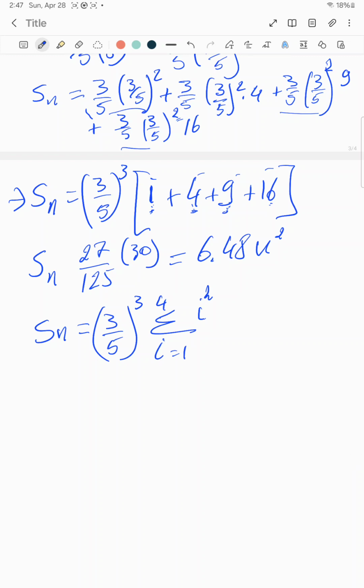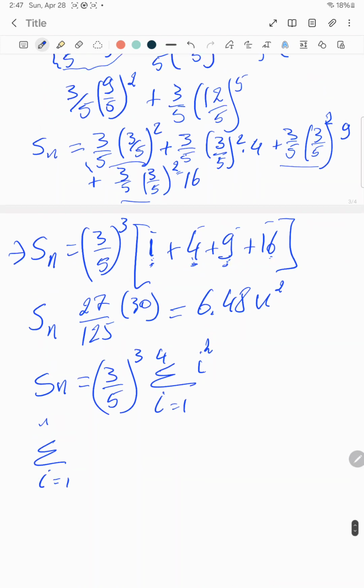Now I want to apply the formula that I just gave you, and the formula said the sum of i equal 1 to n of i square equal n times n minus 1, times 2n plus 1, divided by 6.